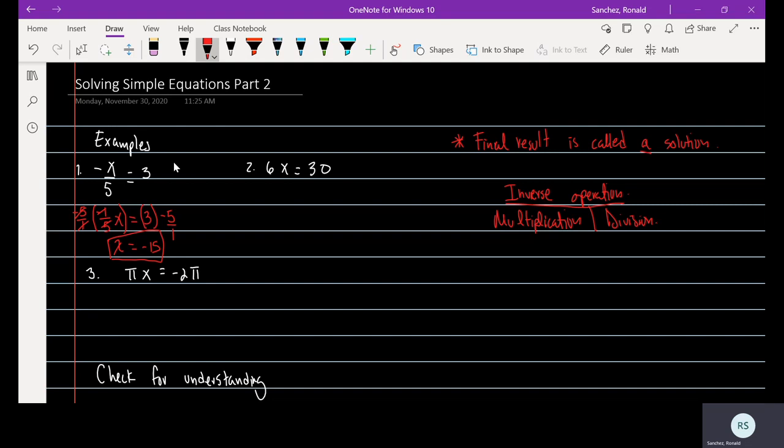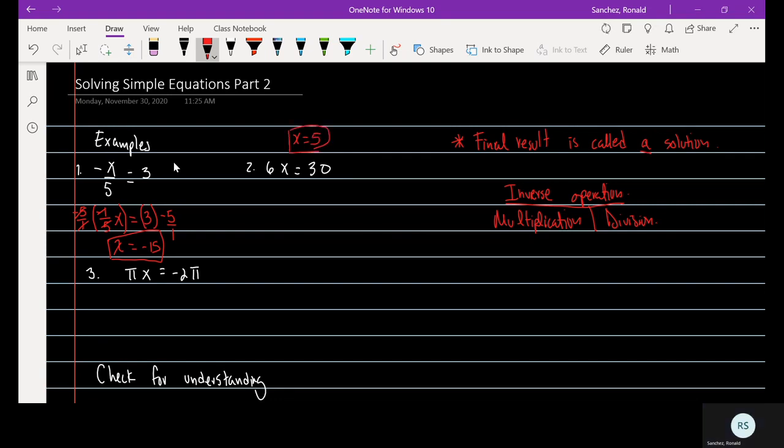It's actually much easier. We have 6 times the number x equals 30. And this number x is very easy to figure out if we know the products correctly. Well, we can say that x is equal to 5. But what is the algebra behind it?